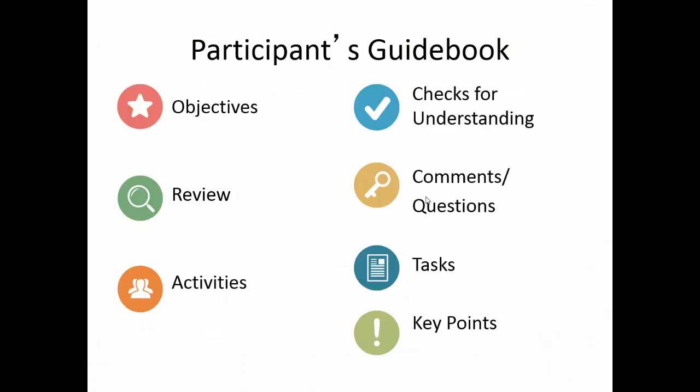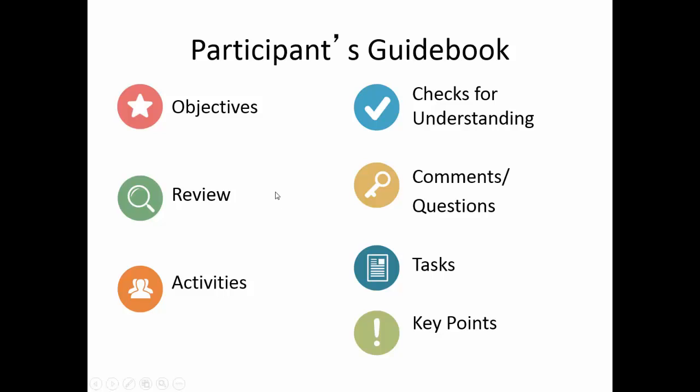So the trainings follow a pretty consistent routine. Usually each of the trainings starts by identifying the objectives that are going to be the focus of each of the modules. There's usually some review activities so that people are thinking about the things they learned at the last training and how to incorporate those. We try to embed a number of interactive activities where people get to actually practice applying some of the skills.